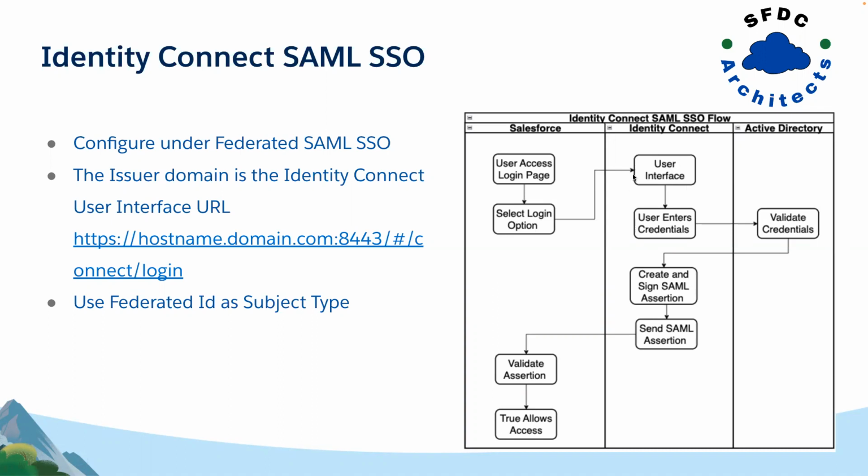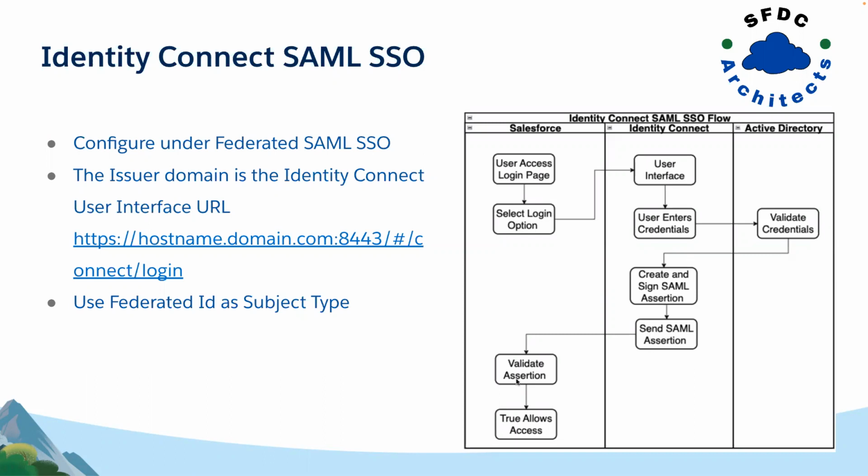Okay. And so it was probably the URL for the user interface, because that is the URL for the Identity Connect application once you've installed it. And that's this interface URL. On this page, you enter your credentials. That's going to validate the credentials against Active Directory. If it's valid, just like the standard SAML flow, then we go into the standard one. It creates the SAML assertion. It signs it.